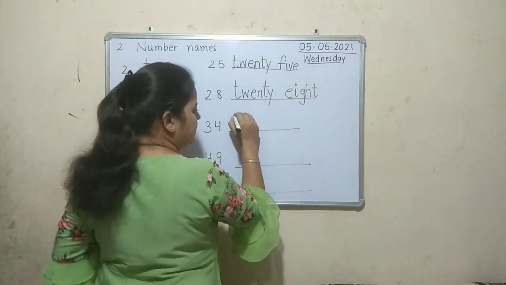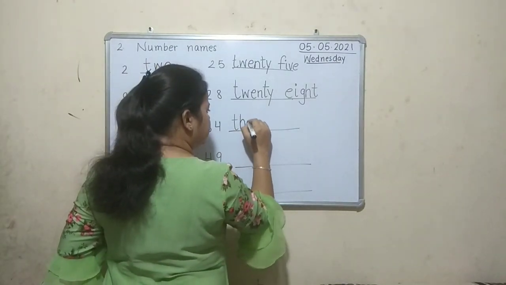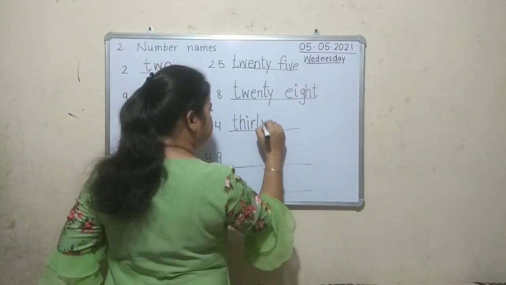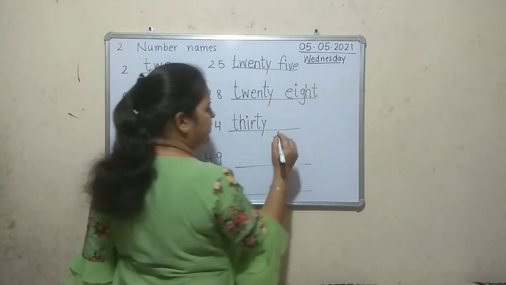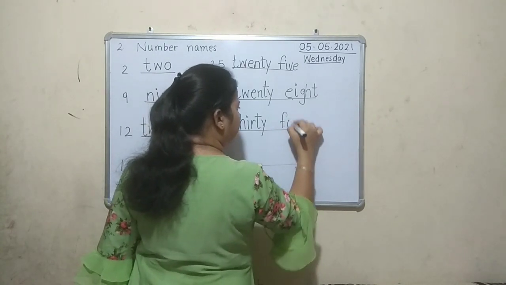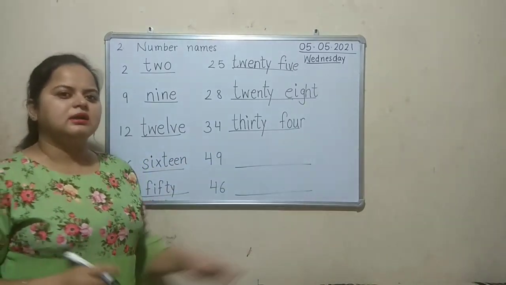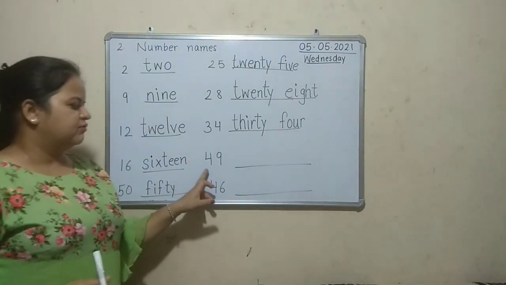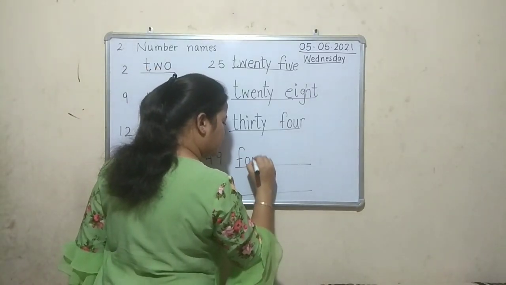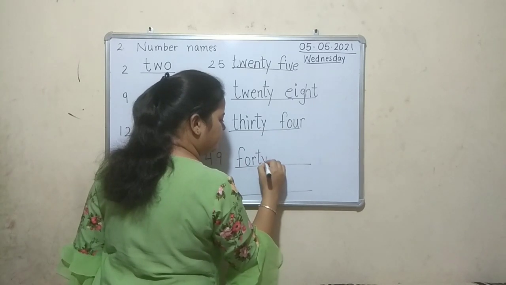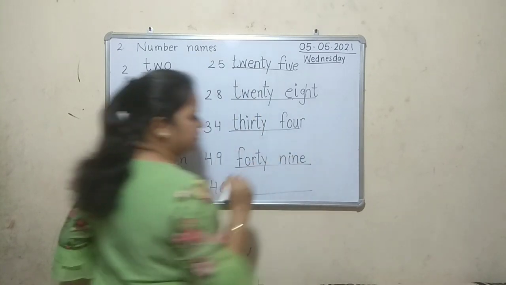34. Are you all doing it? Good. T-H-I-R-T-Y, 30. F-O-U-R, 4. 34. Next, 49.